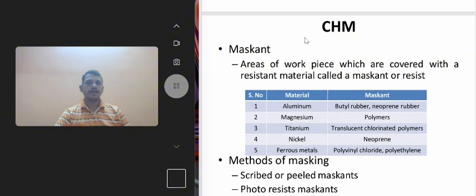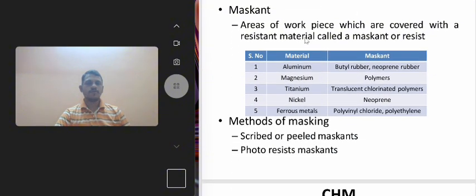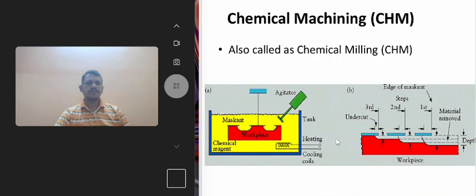Next, we are going to study about the maskant, which is an important part. What is maskant? In chemical machining process, the areas of the workpiece which are not to be machined are covered with a resistant material called maskant.